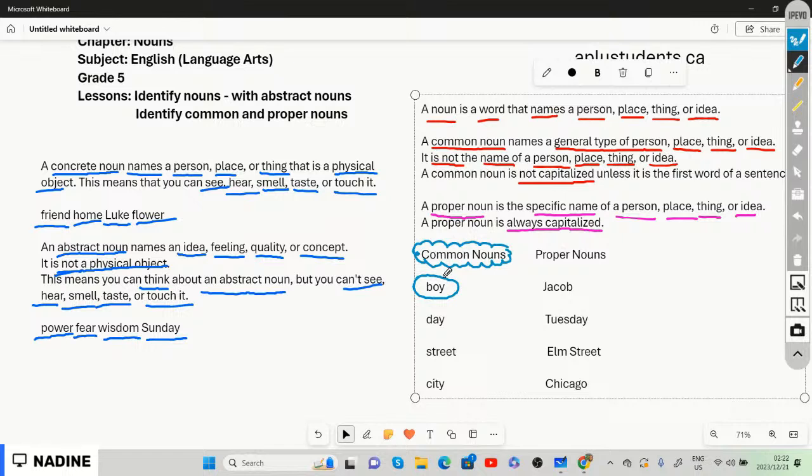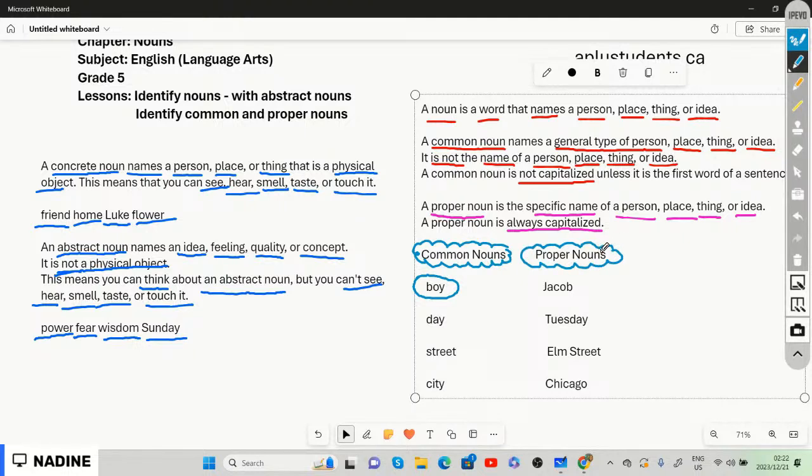So if there's 5 boys playing with the ball, let's say, then we don't know which boy kicked the ball or broke the window, for example. There's 5 boys.